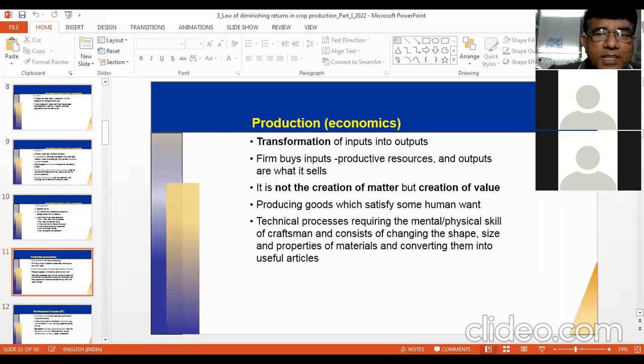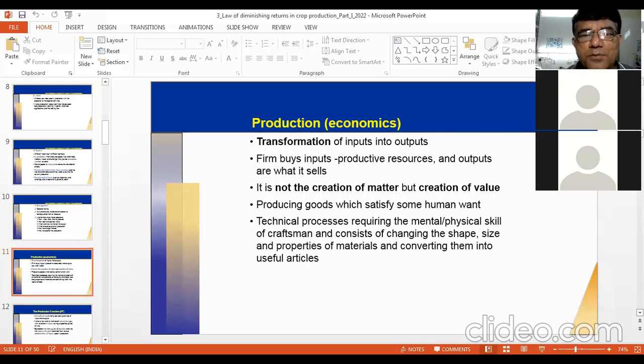It is not the creation of matter, but actually creation of value. You create value. From seed, you produce more seed. If you produce tomatoes and you make ketchup, that is value addition. Of course, production of ketchup is there, production of tomato is there.